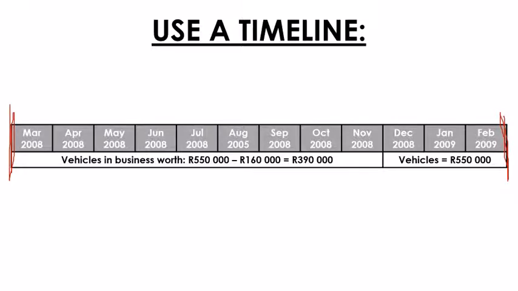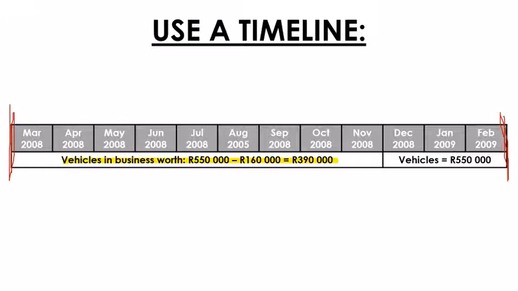Then you will see that for the first 1, 2, 3, 4, 5, 6, 7, 8, 9 months, okay, for the first 9 months, the vehicles in our business were worth 390,000 Rand. Because remember, they say to you that the 550,000 Rand includes the 160,000 Rand cost price of the new vehicle.